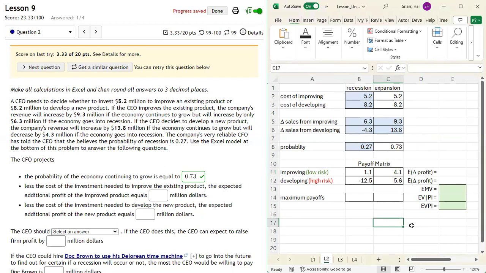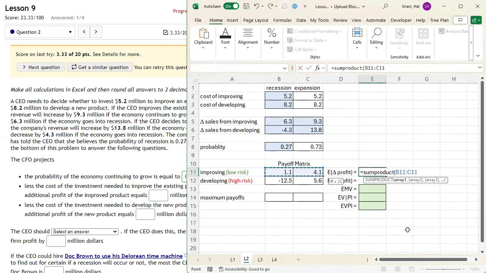Now we want to calculate the expected increase in profit. To calculate the expected increase in profit, we have to multiply this increase in profit with its probability and this increase in profit with that probability. In order to do that, we use the SUMPRODUCT of the payoff matrix row that corresponds to improving the existing product, and the corresponding probabilities.